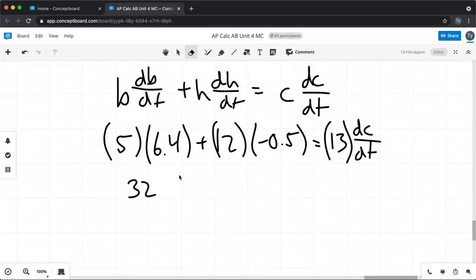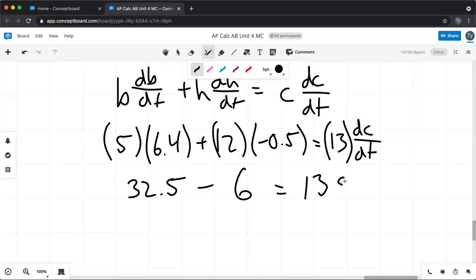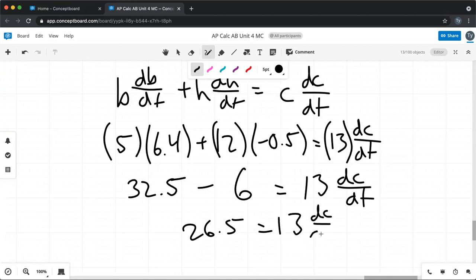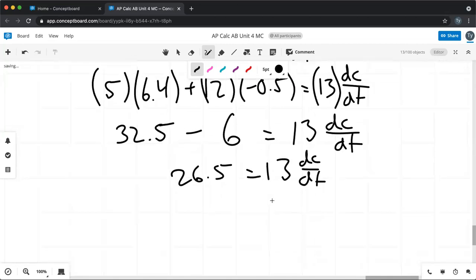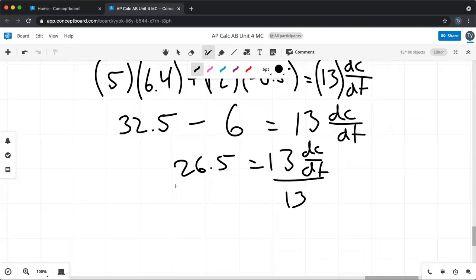That's not a flex, I have it written down. Half of 12 is 6, but we have negative, so this gives us negative 6 equals 13 dc dt. 32 minus 6 gives us 26 equals 13 dc dt. And divide both sides by 13 to get dc dt by itself.